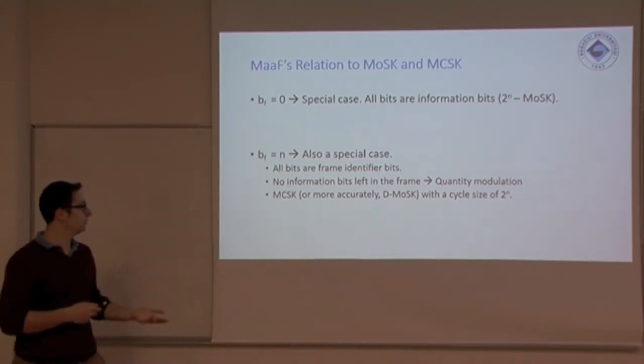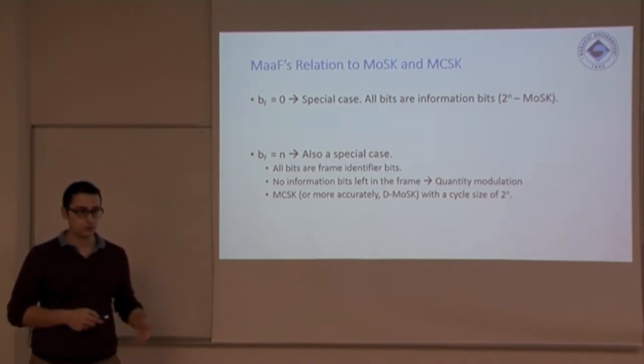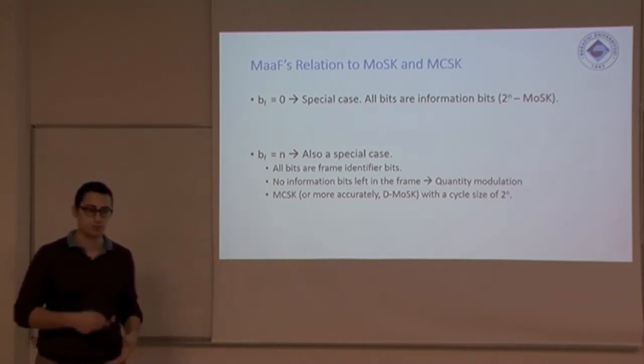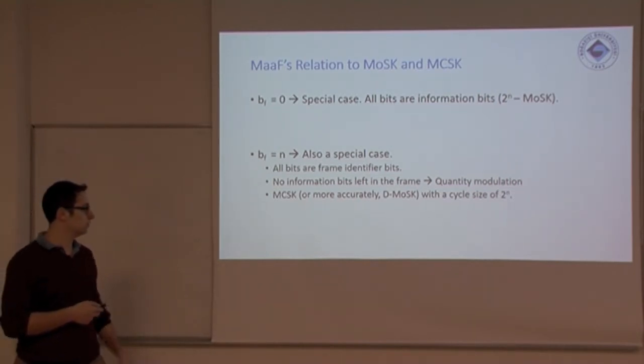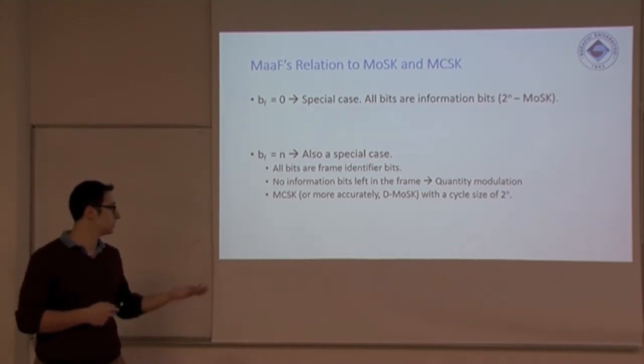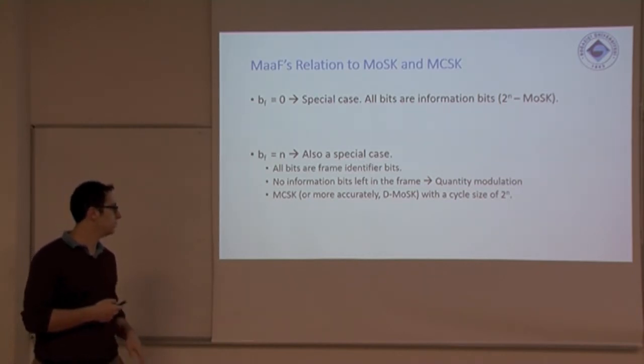And this is exactly what MCSK with a cycle size of 2 to the power n does, or more accurately DMoSK in this case, but we're using the two terms interchangeably, remember. So performing quantity modulation by using all bits as frame identifier bits is 2 to the power n cycle sized MCSK.